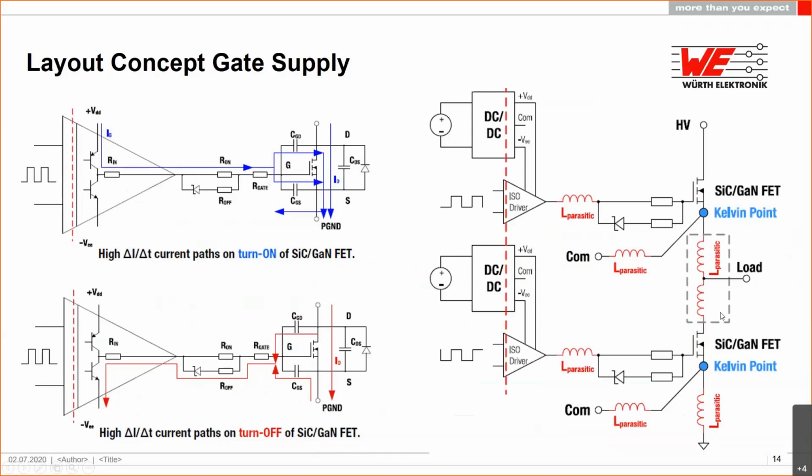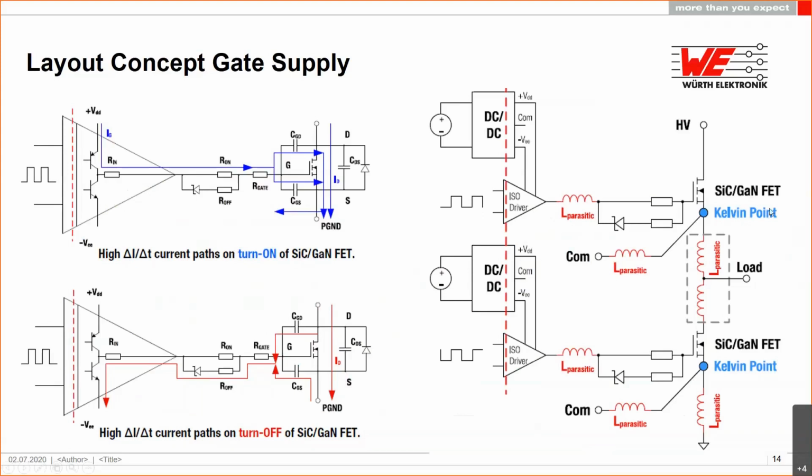And from a layout point of view, as Martin already mentioned, the parasitic inductance will hurt you a lot the faster you switch, because this inductance in combination with high di/dt gives you a high voltage drop in a high frequency range. This means you will get EMI problems and an overshoot in your gate drive system.